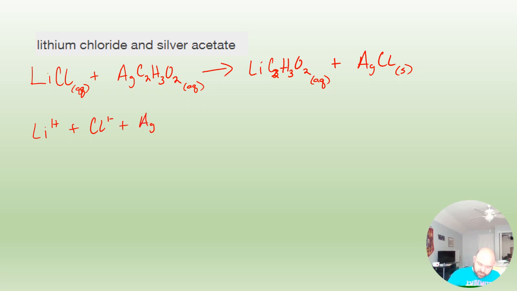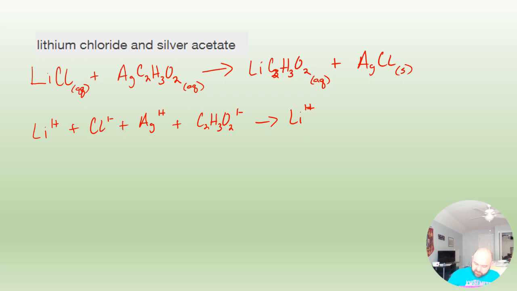Silver, 1 plus ions from the silver acetate, as well as acetate ions, 1 minus from the silver acetate. On the product side, I have some lithium ions in solution. Lithium acetate is listed as aqueous because it is soluble, meaning they are lithium 1 plus ions throughout the solution.